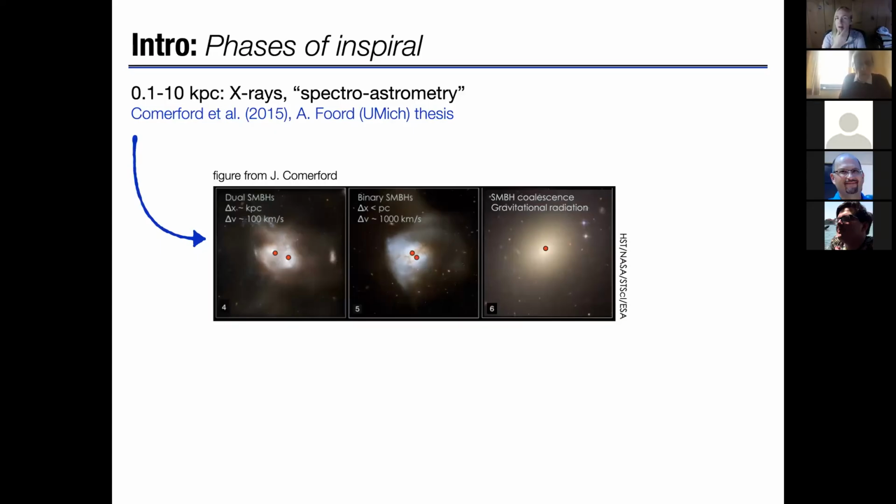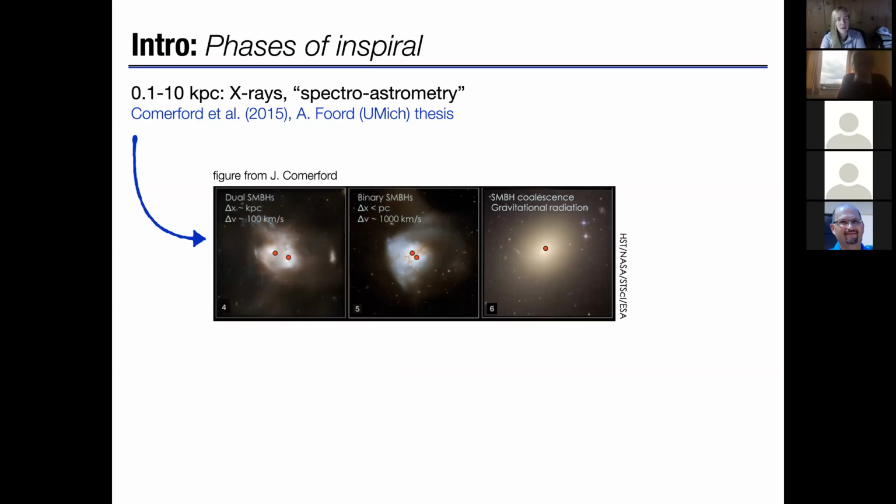But these kiloparsec separations are at the limit of what Chandra can do. And so observationally, this is a challenging problem. Even though these are not gravitationally bound, they're very interesting to find because they are unambiguous signposts that you've had a merger to bring these black holes together somehow.